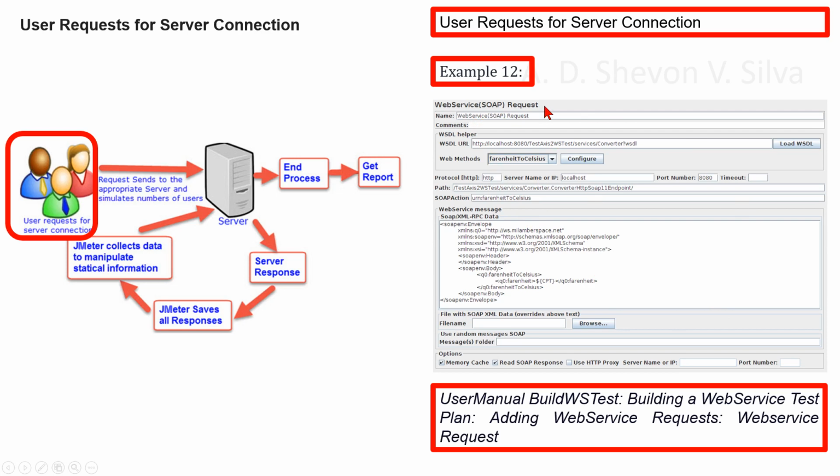Since you are using a web service sampler, we won't go into the details of writing web service in this example. If you don't know how to write a web service, Google for web service and familiarize yourself with writing web services for Java and .NET.